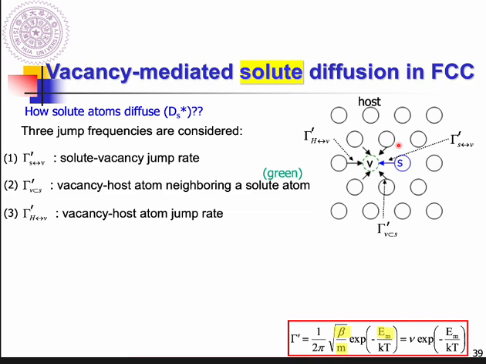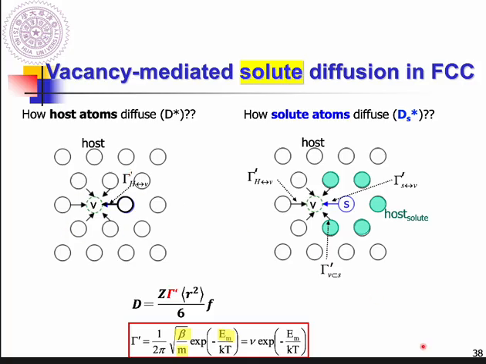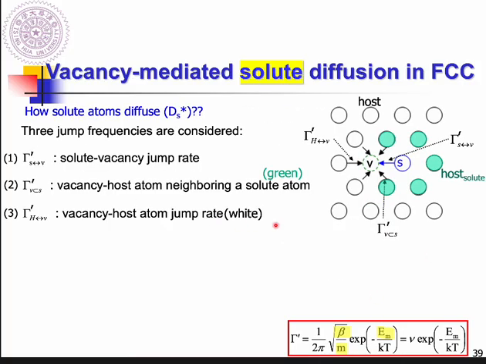The green one is the host atom surrounding the solute jumping into the vacancy, and we use this symbol to represent its gamma prime. And the last one is the host atom jumping into the vacancy, the same as this one, the white one. So now we have the three different gamma prime.